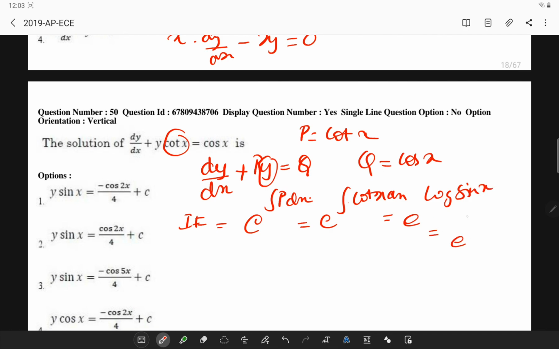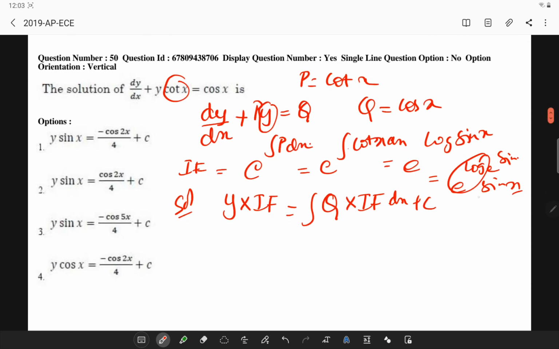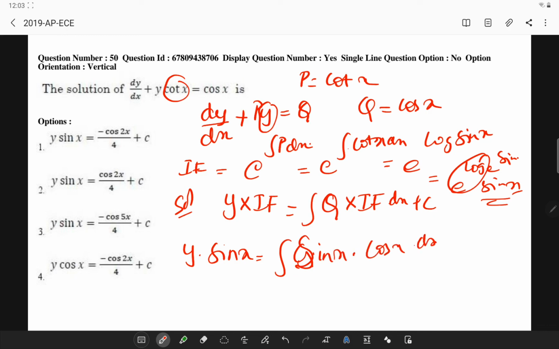So I'll have only sin x. Now the solution is y into integrating factor is equal to integral q into integrating factor into dx plus c. So y into sin x is integral sin x into cos x dx plus c.